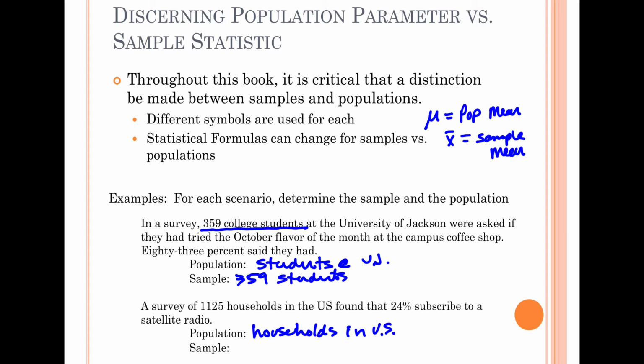So they're not talking about necessarily individuals, but like families in the U.S. And the sample was the 1,125 households that were surveyed, 24% of which subscribe to satellite radio. So there's our variable within the study.